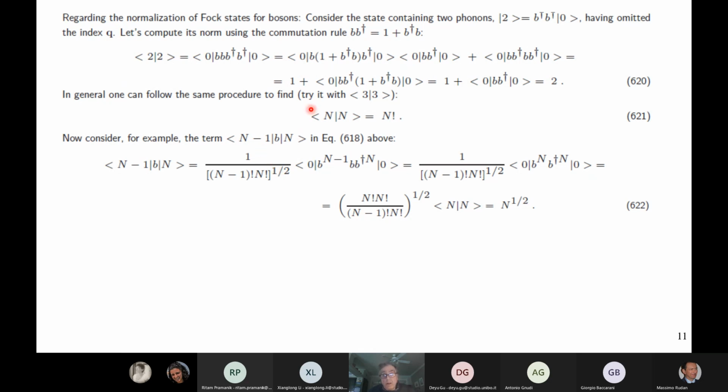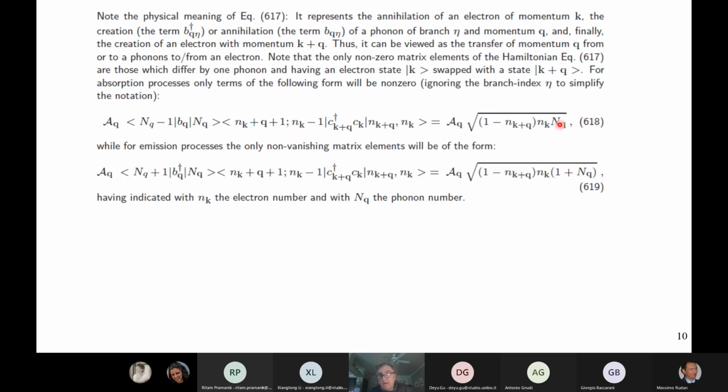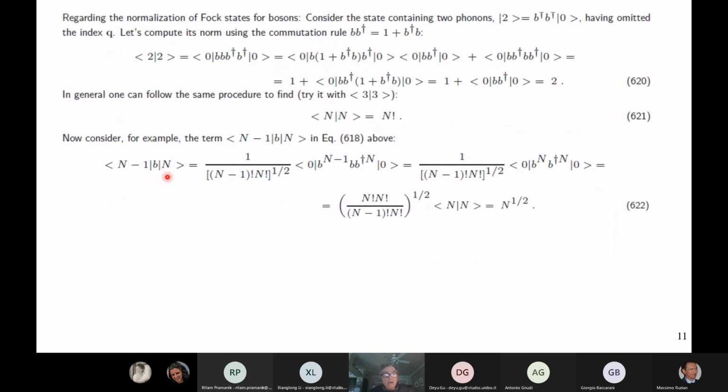And so this is where these factors, these Einstein's coefficients, come from. And in particular, if we look at the matrix element of the annihilation operator acting on a state n, remember this, we destroy a boson, so we will have a state n minus 1, but there is a normalization factor floating around.